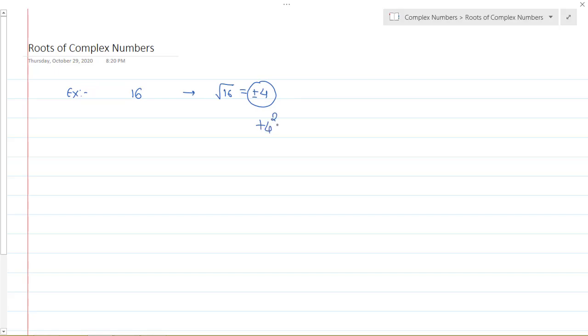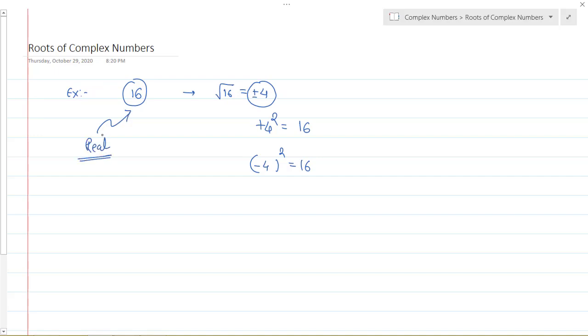If you take the square of plus 4, you land up at 16, and if you take the square of minus 4, again you get 16. The square root of 16 means the number whose square is equal to 16. So this is all about real number roots.